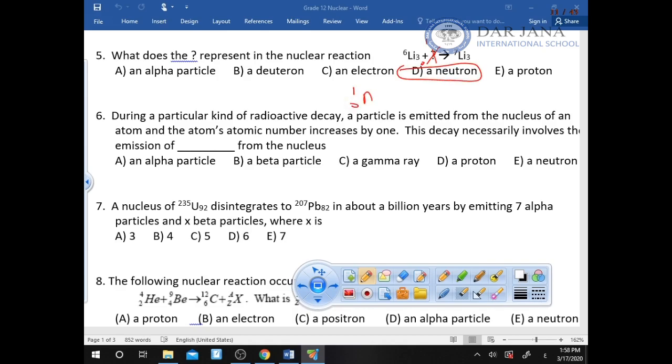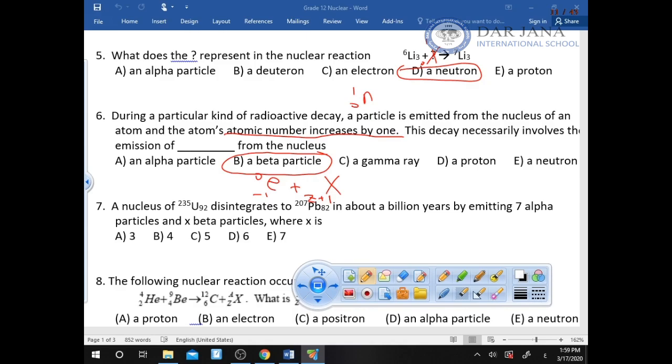During what type of radioactive decay the particle is emitted from the nucleus of an atom and the atomic number increases by 1? This decay involves the emission of a beta particle. Electron minus 1, 0 will increase any element. We should have Z plus 1. It will increase the atomic number by 1.